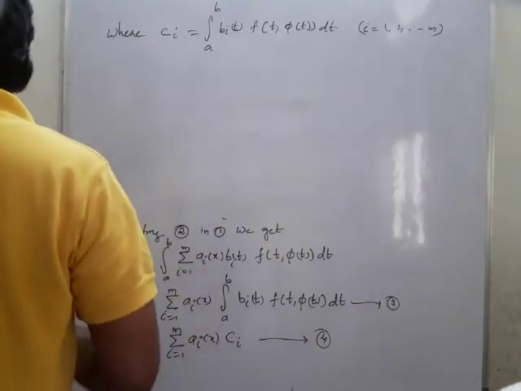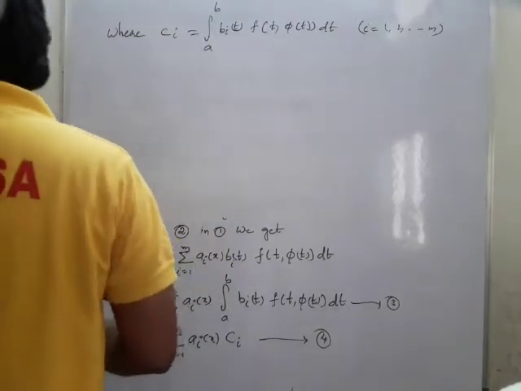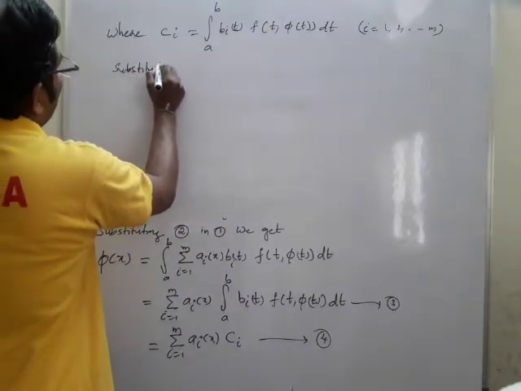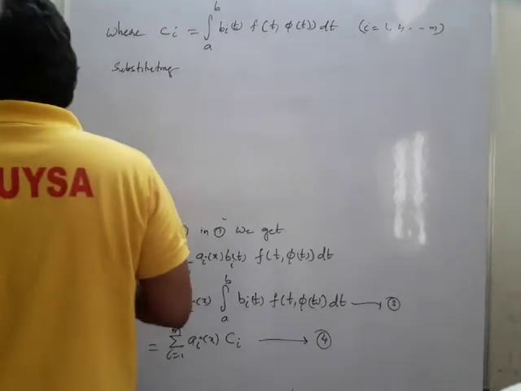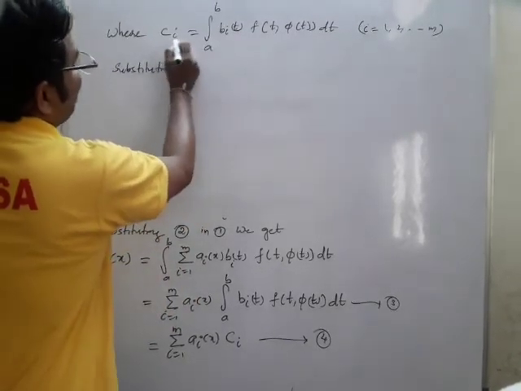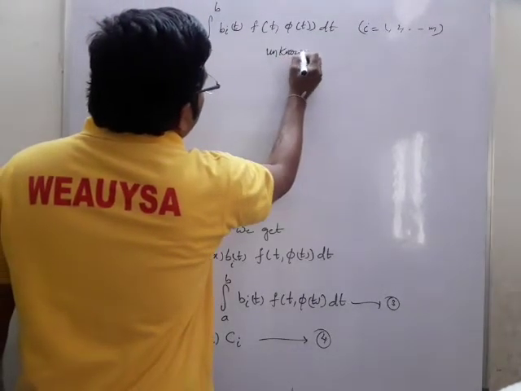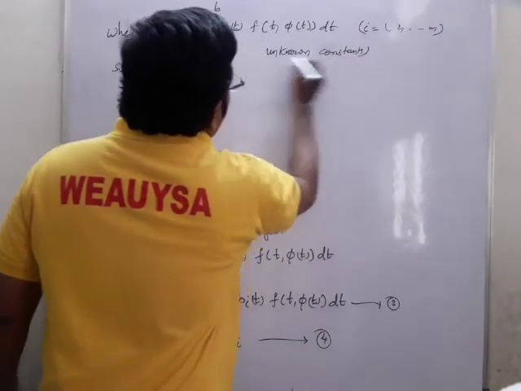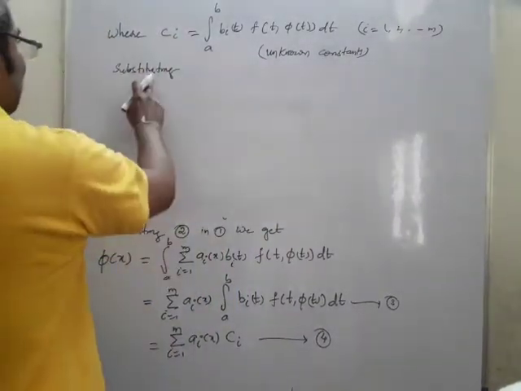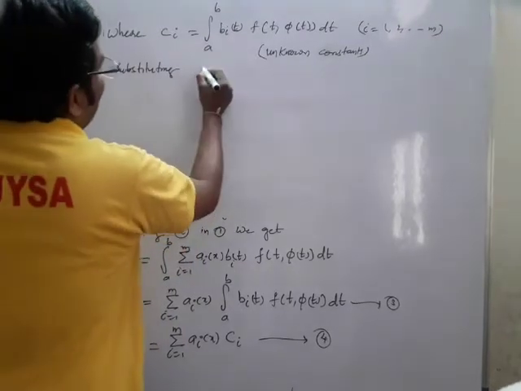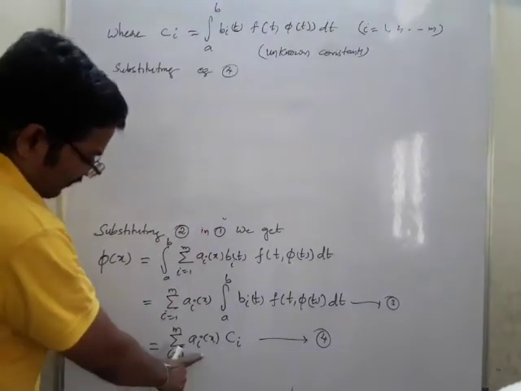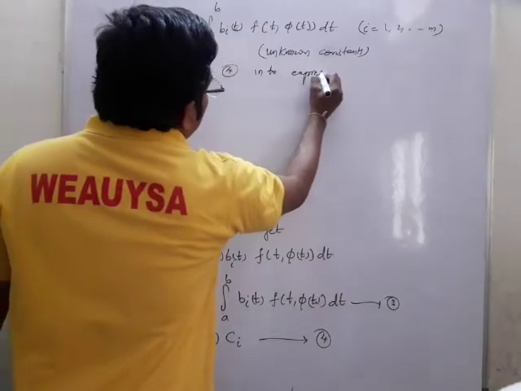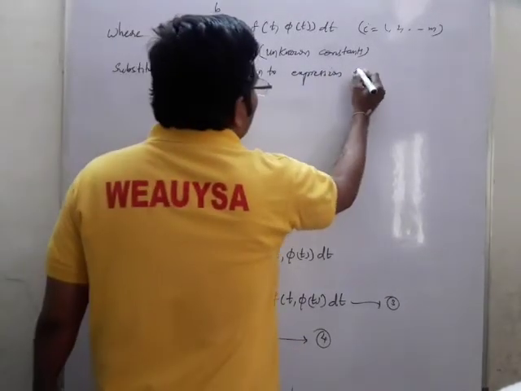These c_i are unknown constants. After getting these unknown constants, we'll substitute them in equation 4, the expression of phi of x in terms of c_i.